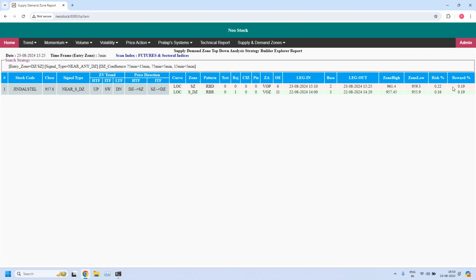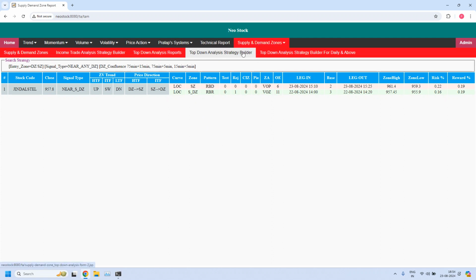But RR is not good. But the point you need to understand is that it is a high liquidity zone. It may support up to 15 minutes. The supply zone is a 5 minute supply zone, but we may get the target up to the 15 minute supply zone because it is a high liquidity zone. That possibility is there.